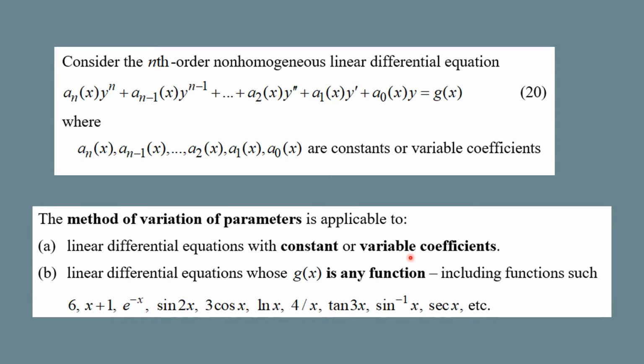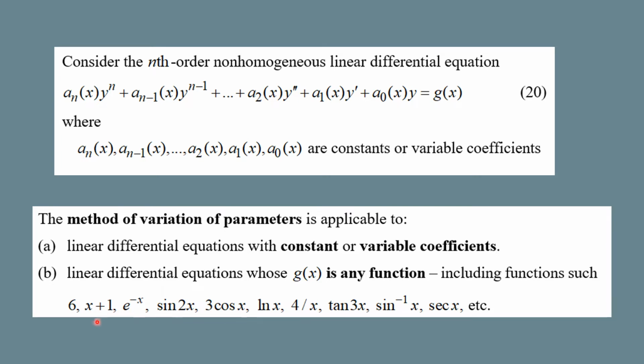Secondly, another thing to take note of is that g(x) can be any function. The g(x) does not have to belong to a certain type of functions only. It can be a logarithmic function, a reciprocal function such as 4 over x, a tangent function, an inverse trigonometric function, or a secant function, etc. So it doesn't have to be only a constant, polynomial, exponential, sine or cosine.